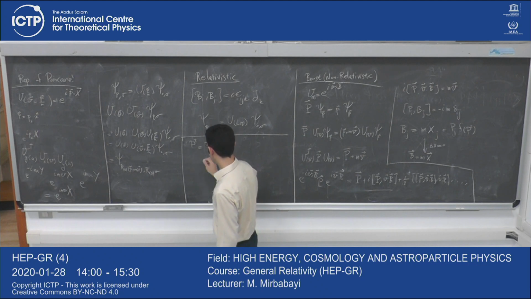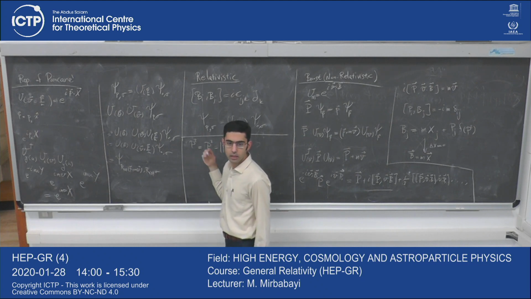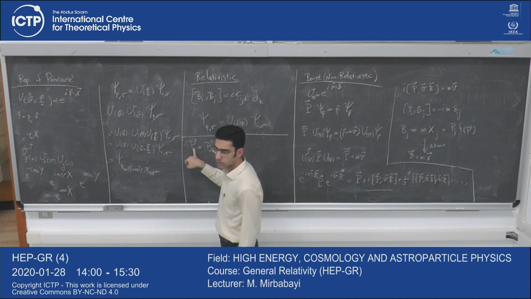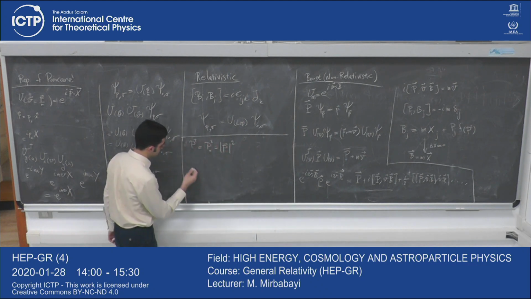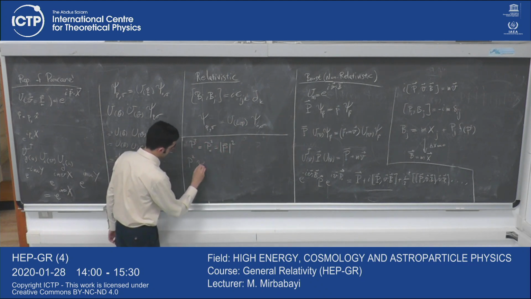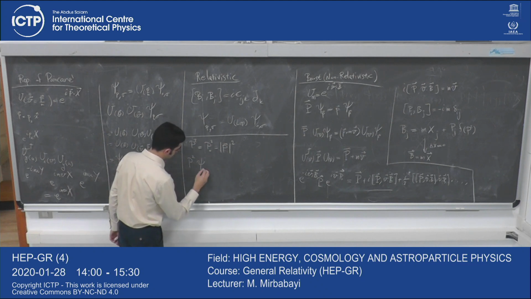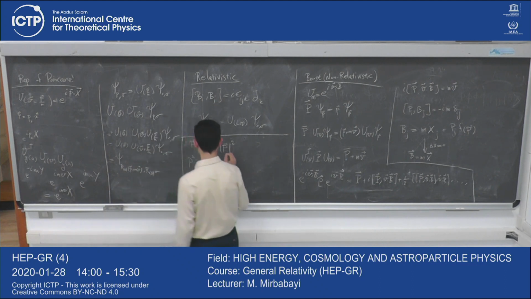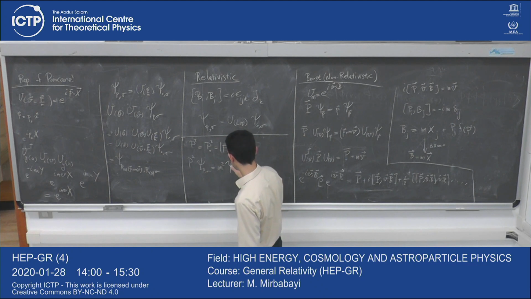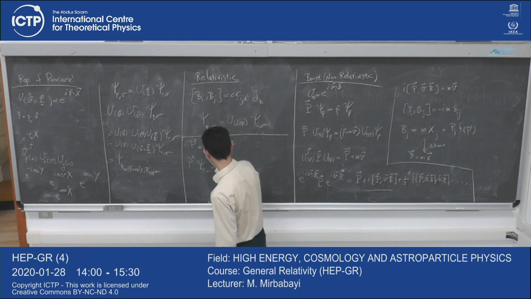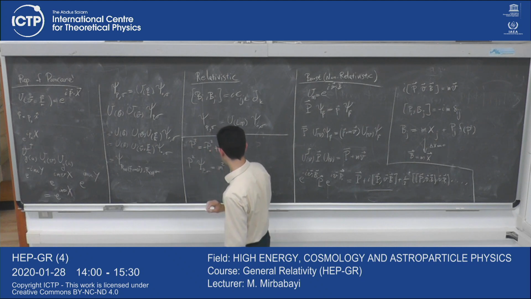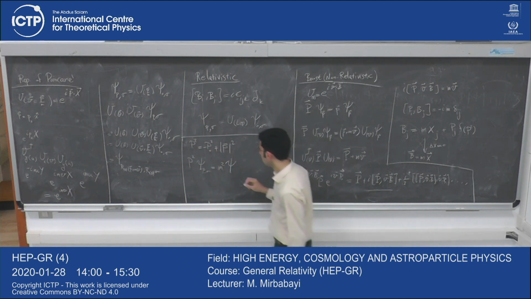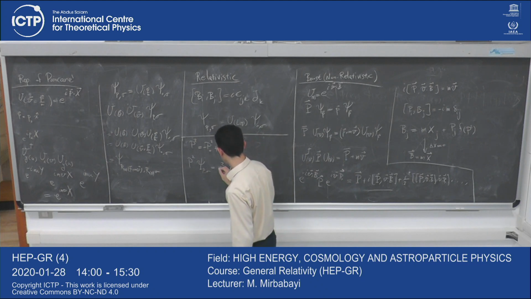The representations are parameterized by the eigenvalue of this p squared operator, and that's why they call it mass squared. So p squared acting on psi in an irreducible representation gives m squared times psi. Actually, if I want to be consistent, I should write it as minus p0 squared plus p squared, because I'm using mostly plus signature, and therefore this should be minus m squared.